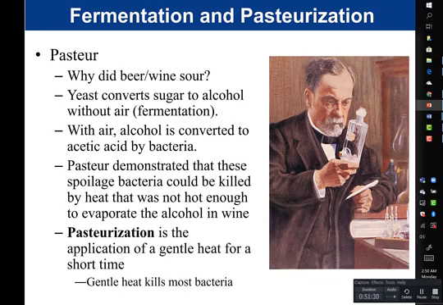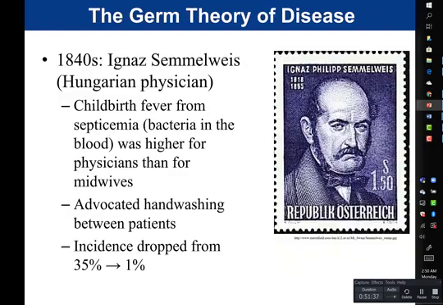So what could be done to prevent contamination from unwanted microbes? 1840, we have Ignaz Semmelweis, who was a Hungarian physician. So this Hungarian physician noticed that doctors would do dissections of cadavers in the morning and then not wash their hands and would deliver babies.